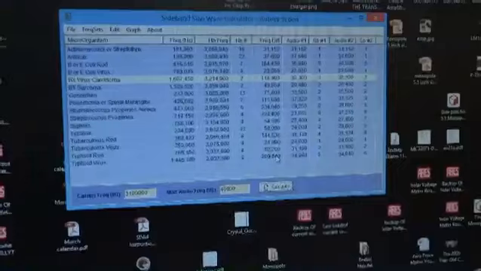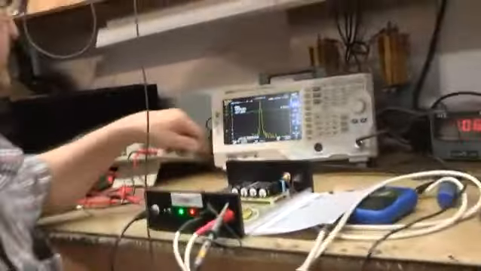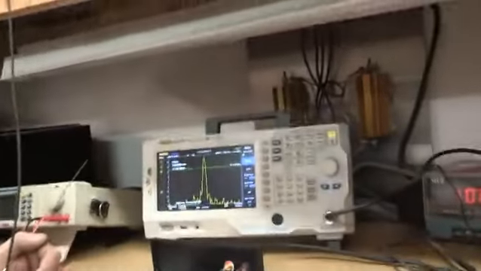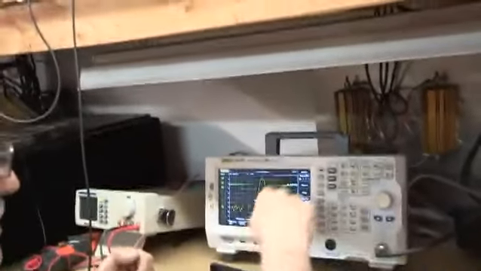So my spectrum analyzer is showing me those numbers, and once again, here's the fundamental frequency. We'll mark it. We'll auto this first, and then we'll bring it in. So we know that's it, right?